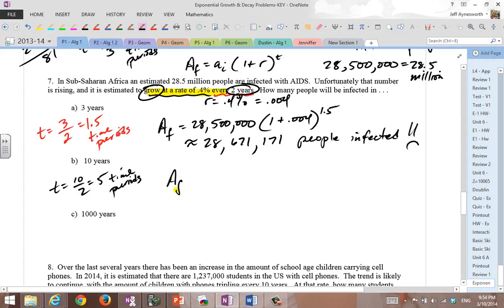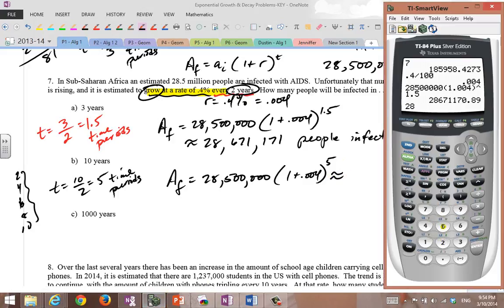So my future amount in this case would be 28,500,000 times 1 plus 0.004 again, but this time to the 5th power, because there are 5 time periods over 10 years. Just think about this: 2, 4, 6, 8, 10, that's 1, 2, 3, 4, 5 periods. That's what this number 5 represents. So what does that equal?